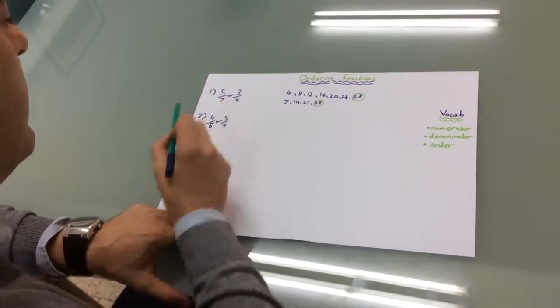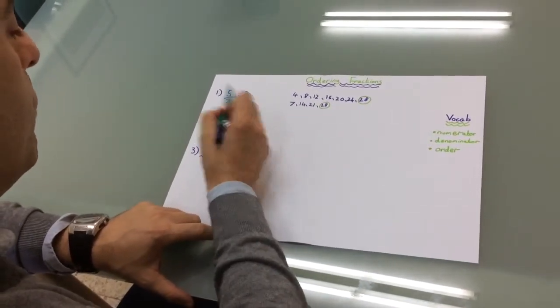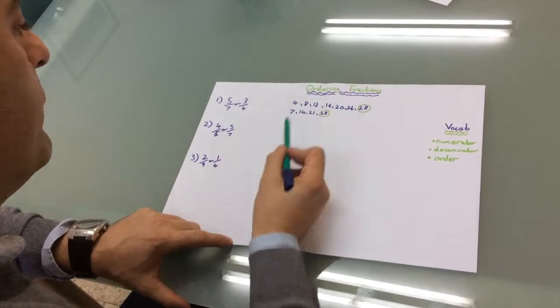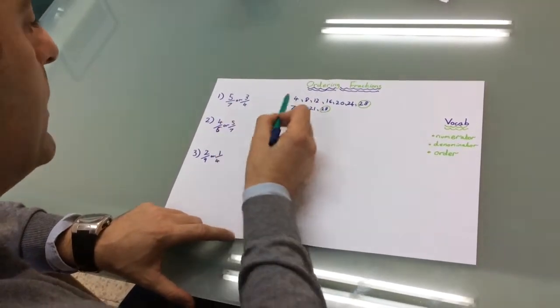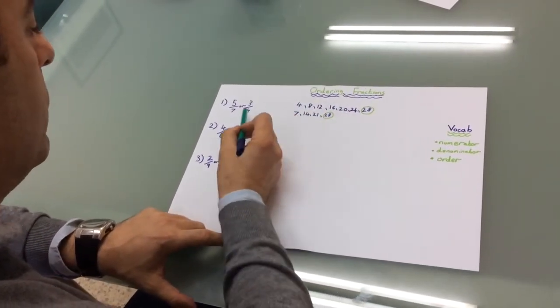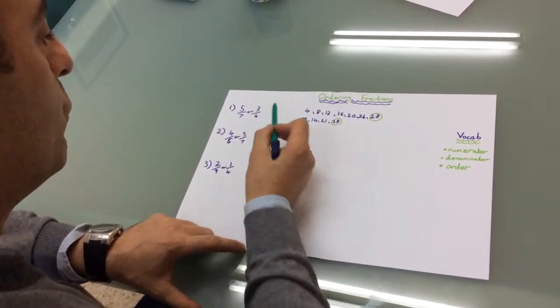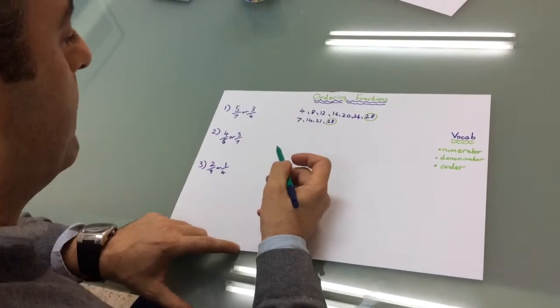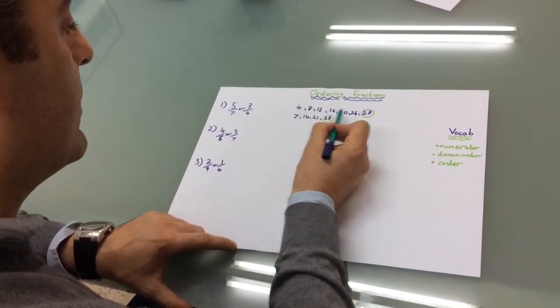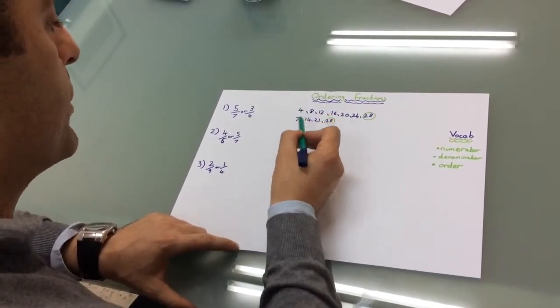We've got 5 sevenths or 3 quarters, and what you can see here are the different multiples of both denominators, multiples of 4, multiples of 7. One of the strategies that we can use is to look at the common multiple of 4 and 7.